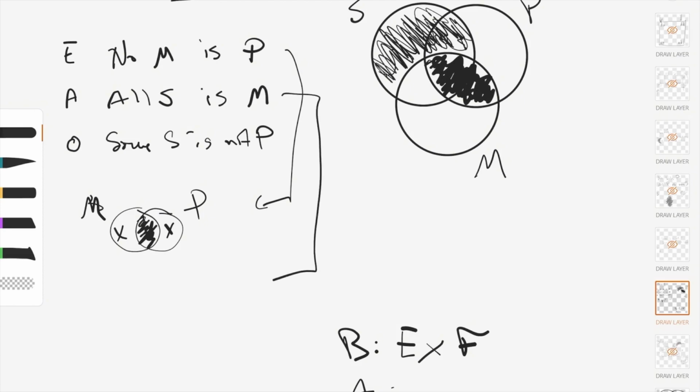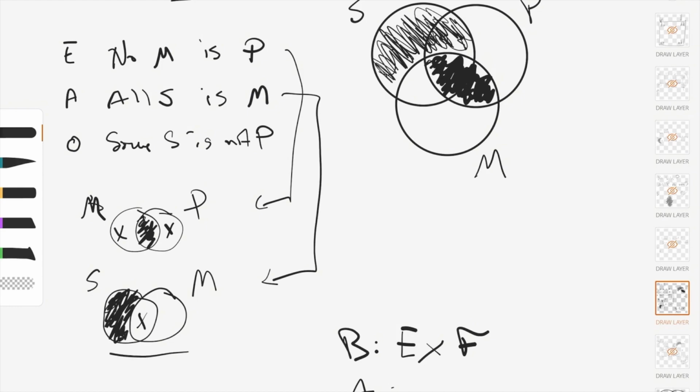And while we're looking at things, let's look at the diagram. That's going to be S and M. So we have all S is M. That's this region right here. And just as we saw on the problem set about immediate inferences, if we have an X here, then it's both at least one S and at least one M. So we're set on the X's, right?